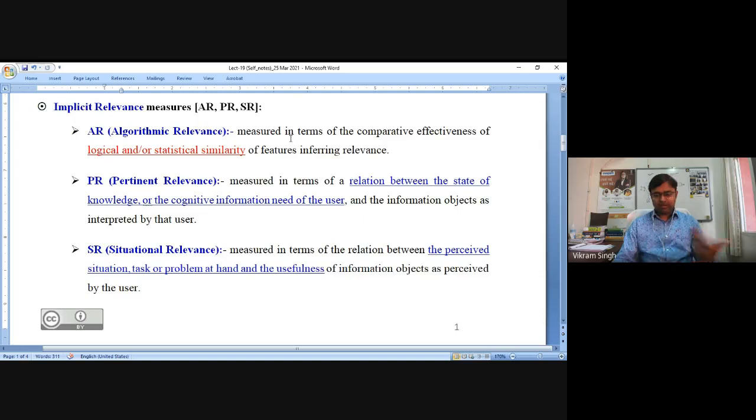Let us take some examples. Particularly, if you go into AR, which is called algorithmic relevance, it says you should have some relevance measure, and these measures should be estimated by comparative effectiveness of logical and statistical similarity of the features, right?